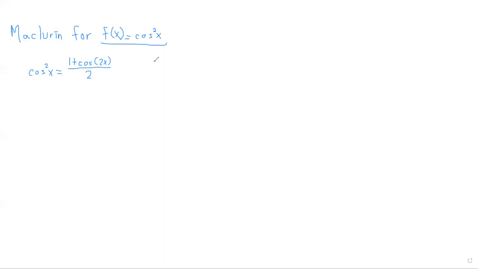And as you know, cos of x can be expressed as the sum from n equals 0 to infinity of negative 1 to the power of n, x to the 2n over 2n factorial. I did this earlier.